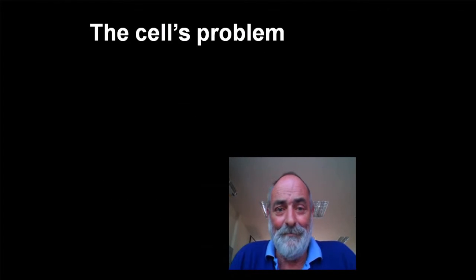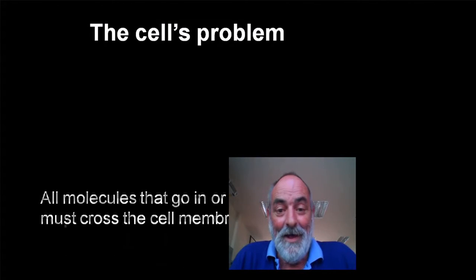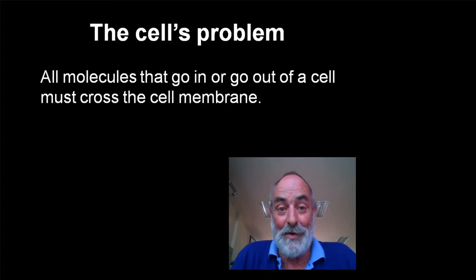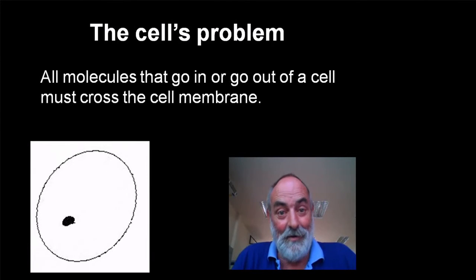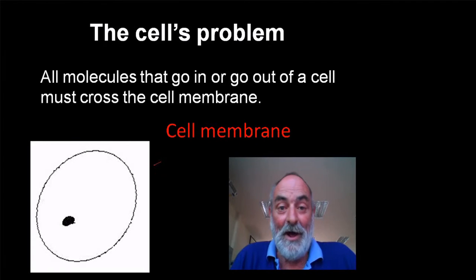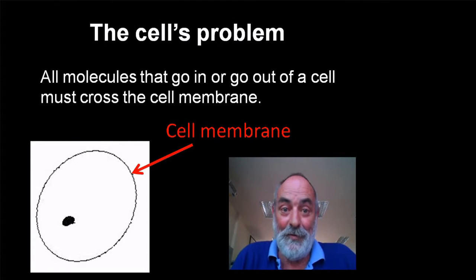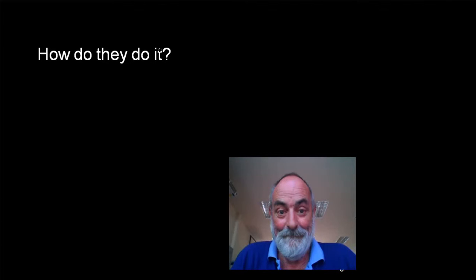The cell's problem is that it has a cell membrane, and the molecules that go into the cell and out of the cell have to cross the cell membrane. Now, it's a good way to think of a cell membrane as perhaps a plastic bag.